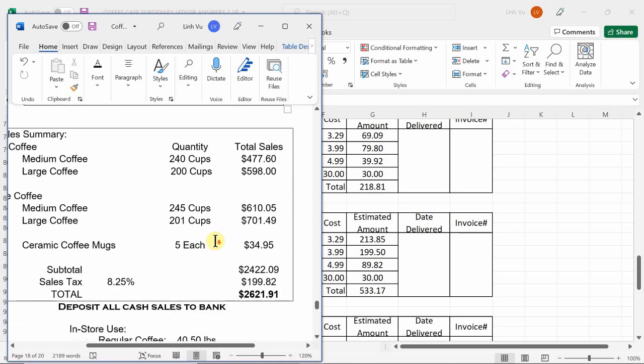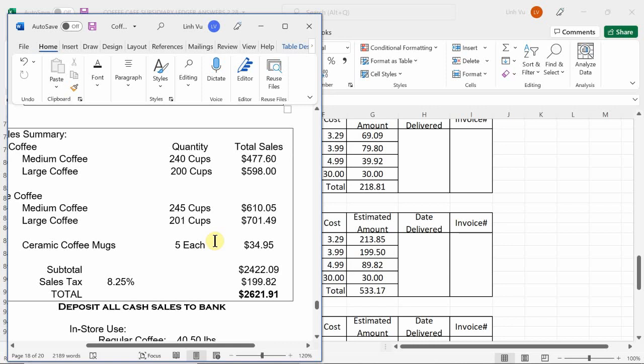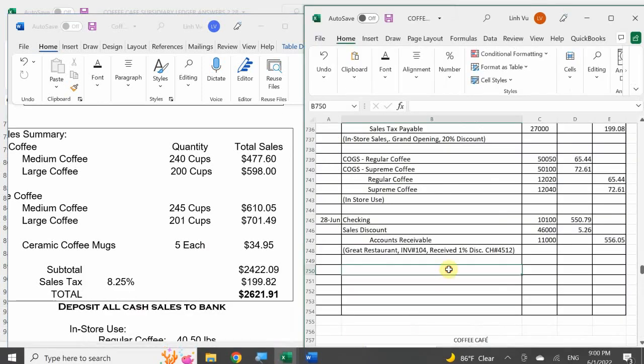Okay. And I guess we reach the end of the day's final sales. So in this case, sales for the rest of the day is going to be this is what we sold for the 28th.